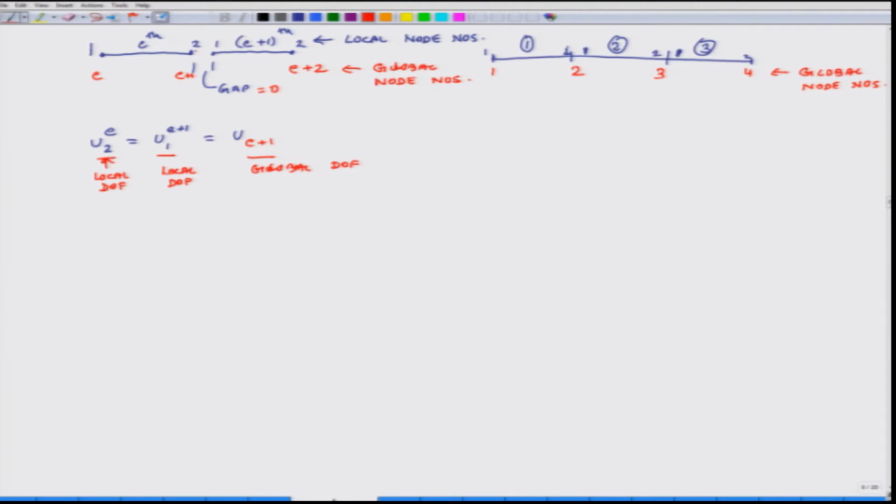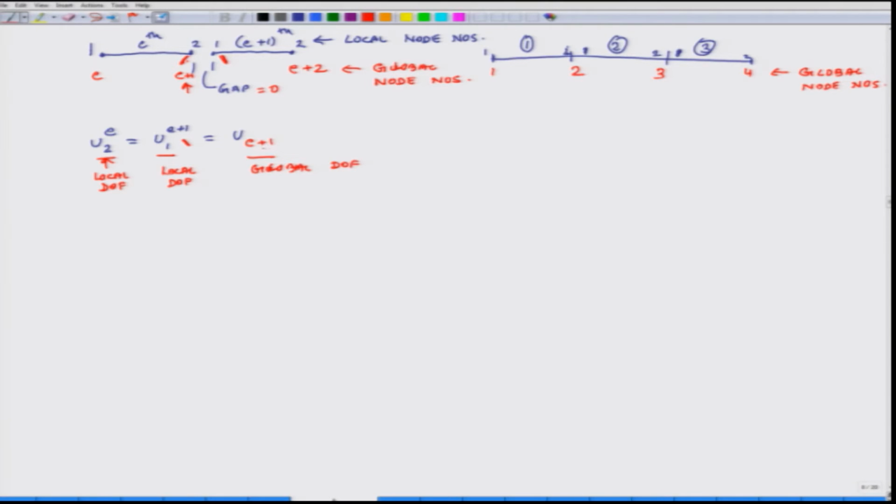Once again, the displacement of this node is signified by u2e, the displacement of this node is signified by u1e, and both of them are equal, and the value is the same as the displacement of this global degree of freedom, which is E plus 1.